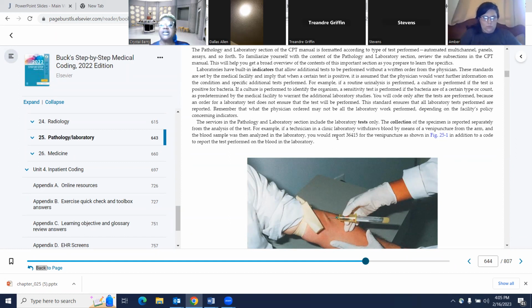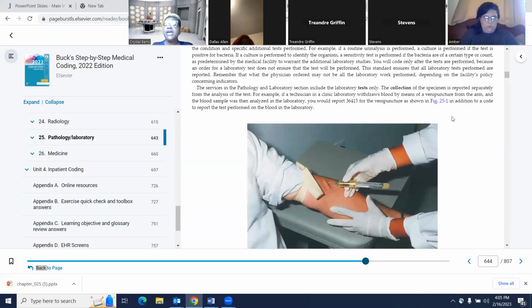If a technician in a clinic laboratory withdraws blood by means of venipuncture from the arm, and the blood sample is then analyzed in the laboratory, you would report 36415 for the venipuncture, as shown in figure 25-1, in addition to a code to report the test performed on the blood in the laboratory. So it's in addition to, it's not going to be that one code.